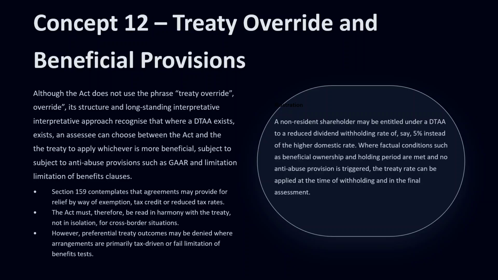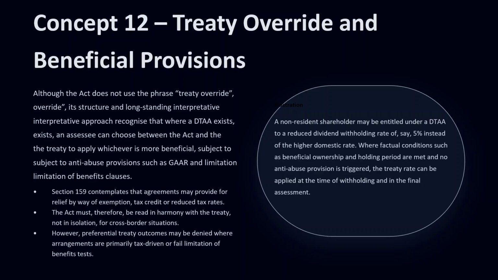So therefore, in a treaty situation, you do not look at the Act in isolation. You have to read the Act and the relevant DTAA together and then apply the provision which is more beneficial to the assessee, subject to, of course, anti-abuse clauses. So this beneficial treatment is not unconditional.